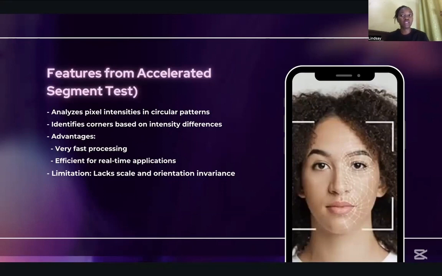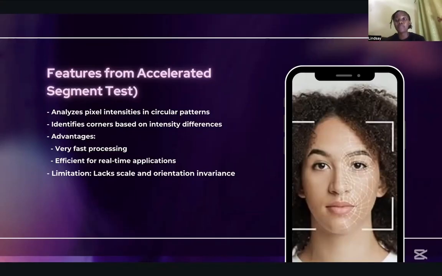My colleague will explain the code, the scope of code. I'll just go into depth with the theoretical explanations. First, Features from Accelerated Segment Test. This detects corners in an image by analyzing the pixel intensity in a circular pattern around a candidate pixel.